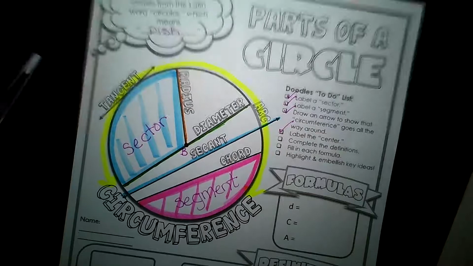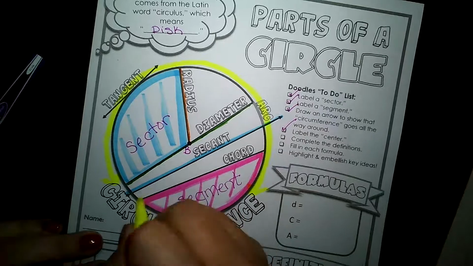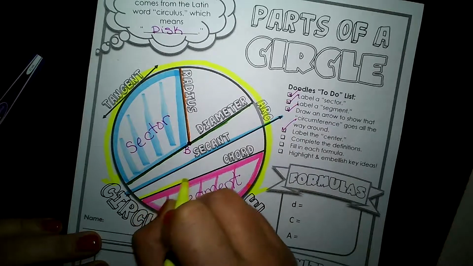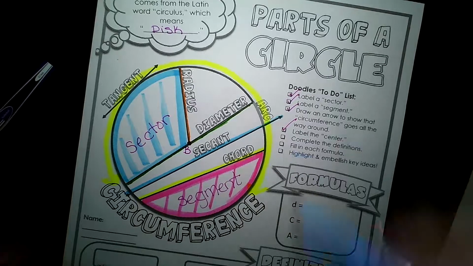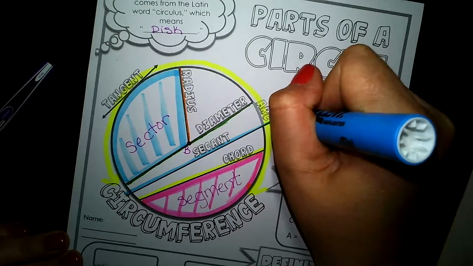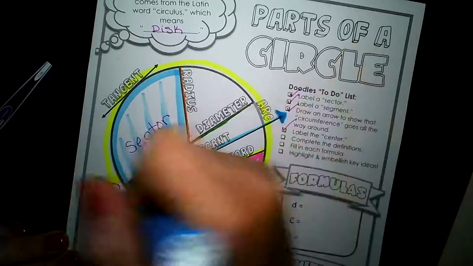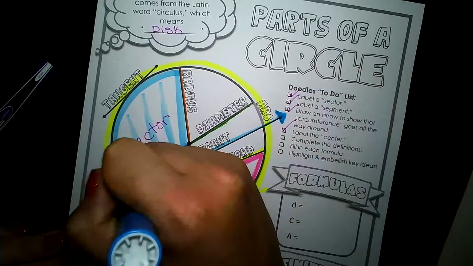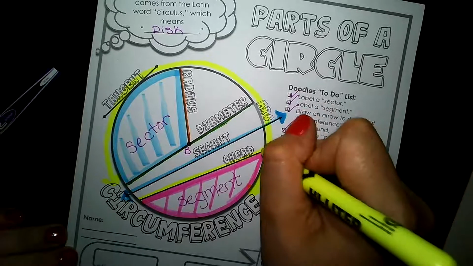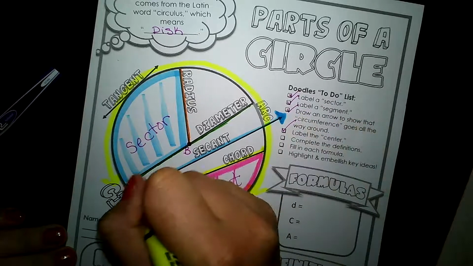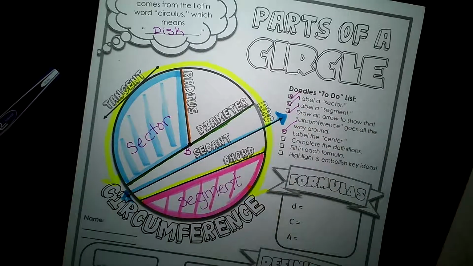Now there's a very slight difference between a secant and a chord. So let's see if you can see the difference. A secant has these arrows on the end, which means it's a line. It goes on forever and ever. A chord does not have arrows on the end. It stops right on the edge of the circle. And that is the only difference between those two things.